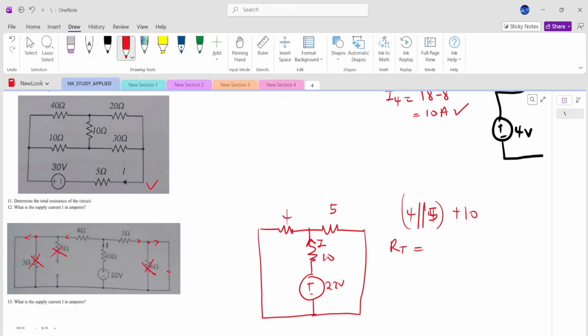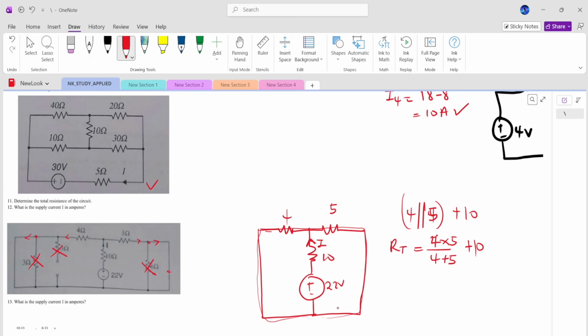So for parallel, let me not assume everybody knows how to do it. So it's going to be 4 times 5 over 4 plus 5, right? Plus 10. And if I want to know whether two resistors are in parallel, I just take a loop round the two resistors. If they are the only ones there, then the resistors are in parallel, right?